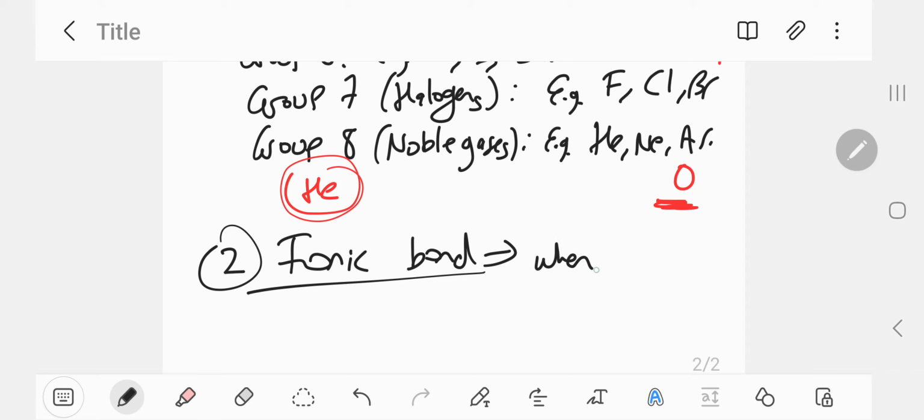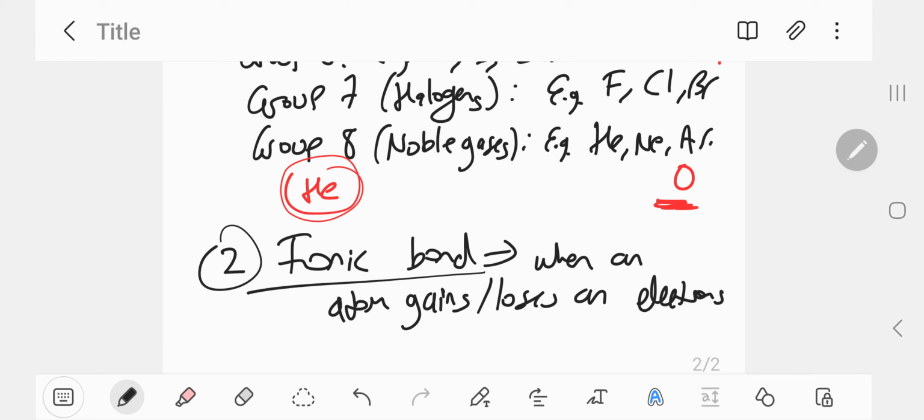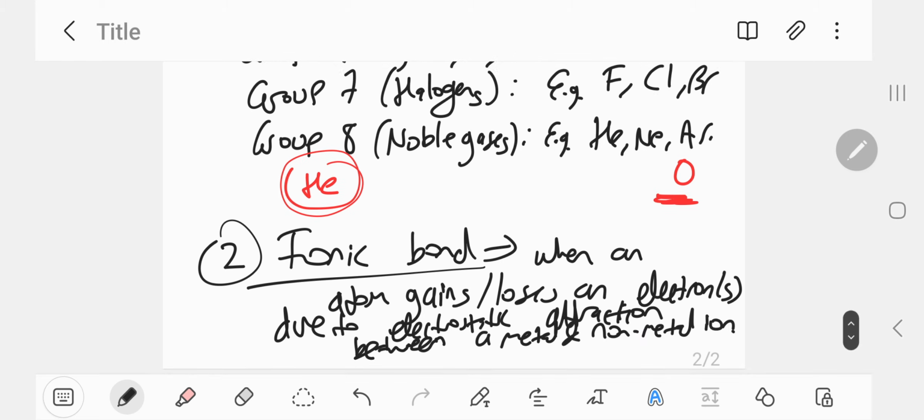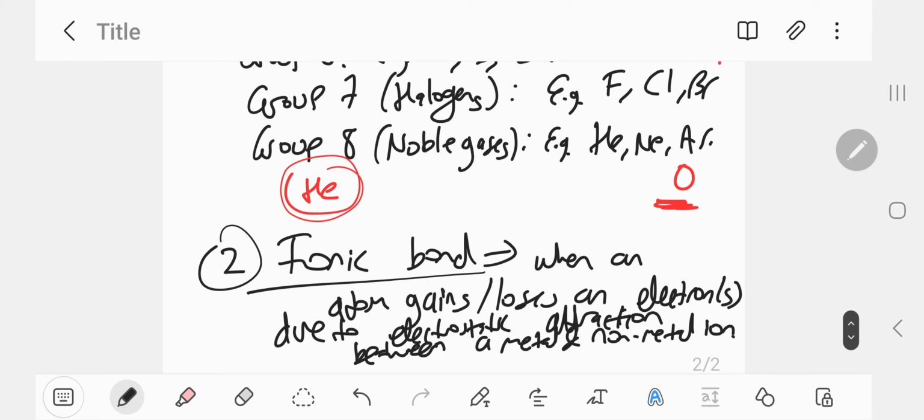It's basically when an atom gains or loses an electron, or it could be more than one electron, due to electrostatic attraction between a metal and non-metal. I should mention ion. It's another form of chemical bonding.